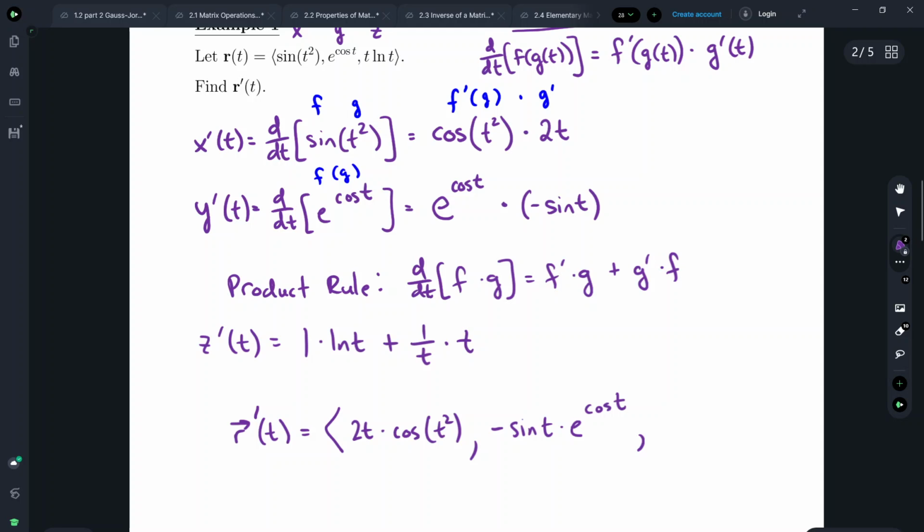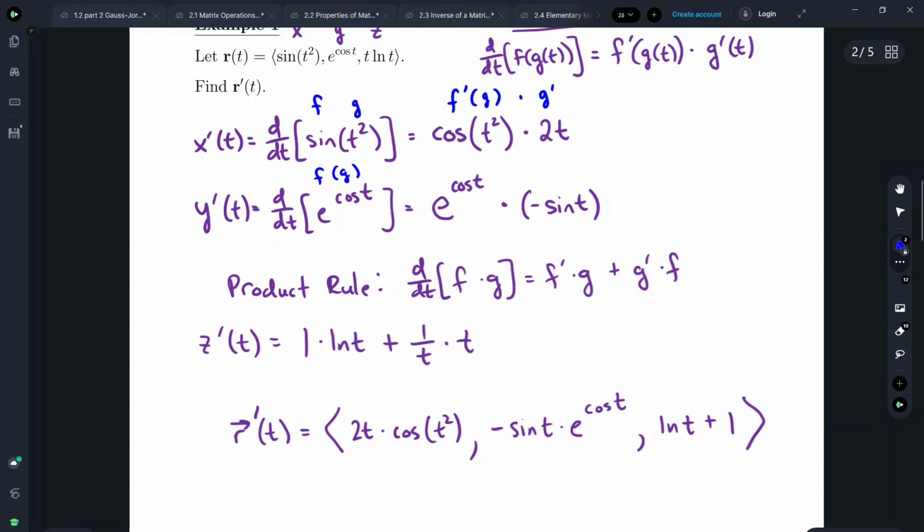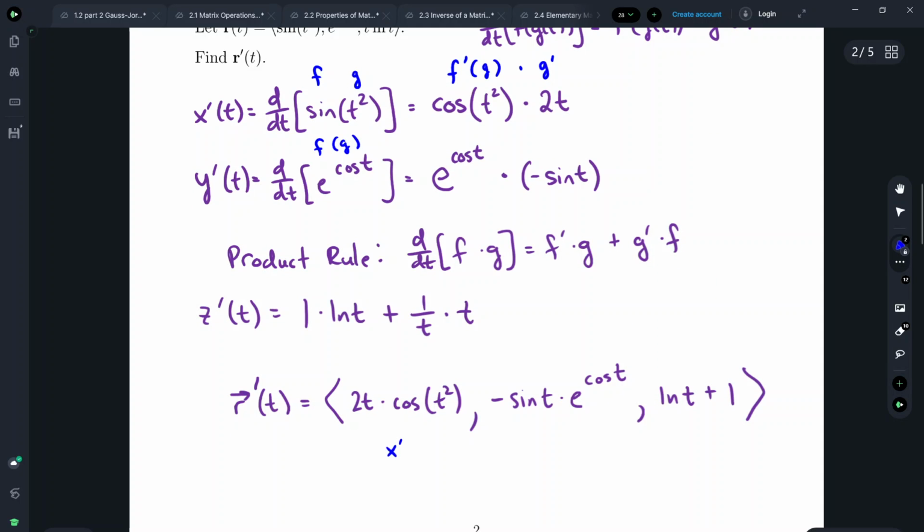And then the z component was this derivative, so that's natural log of t plus, and here the t's cancel out, so that's just 1. Okay, so that's r prime of t. And again, let me label it real quick so we see how everything is set up: this was x prime, this was y prime, and this was z prime. Okay, so that's the derivative of a vector valued function.